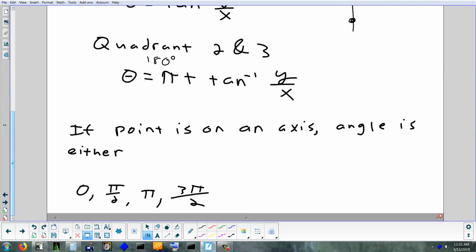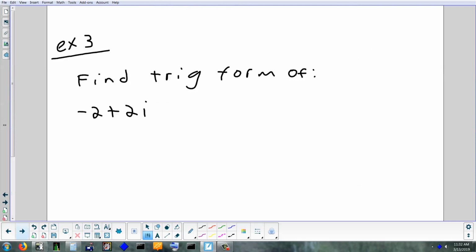So next we'll practice just changing a couple points from standard form to trig form. Okay. Let's try this one. So it says basically convert that to trig form. Find the trig form. So right now we've got an x and a y. What are the 2 letters you have to get to use the trig form?